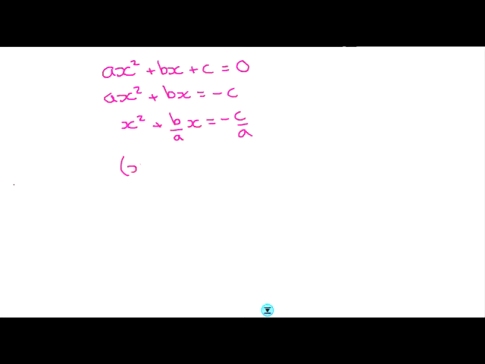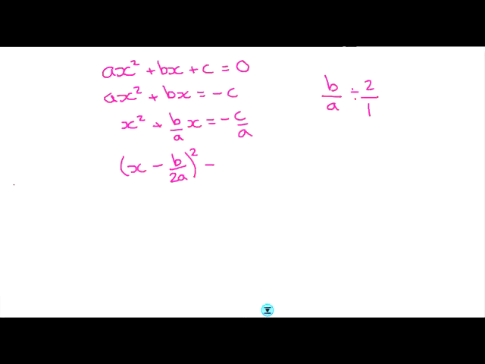So let's half the b over a. Please remember, b over a divided by 2 is the same as this. We change this, we flip this, it'd be the same as b over a times a half. So we end up with b over 2a, close the bracket, squared.